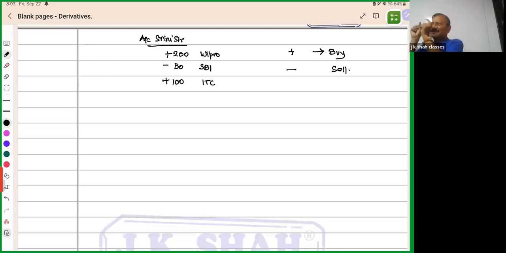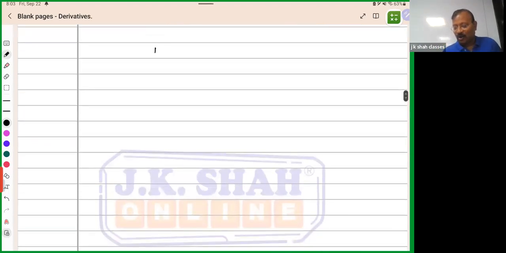Now, call, just the word call, what does it give? What is the definition? Just that word call. It's a right to buy. That means call by default has got a positive sign. It's a right to buy. Buy is plus, right? And similarly, put is a right to sell. That means put by default is a minus sign. Okay. Now, just think of it. When I'm doing a long call, that means long means I'm buying.